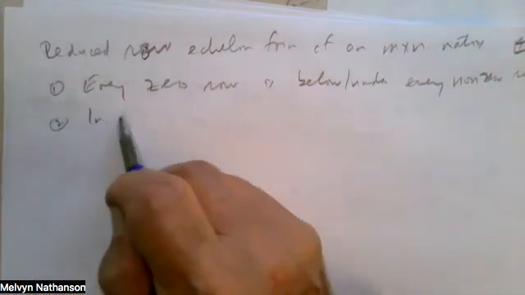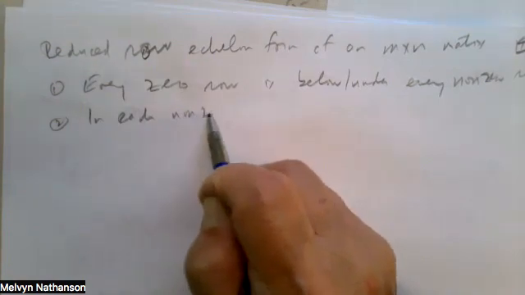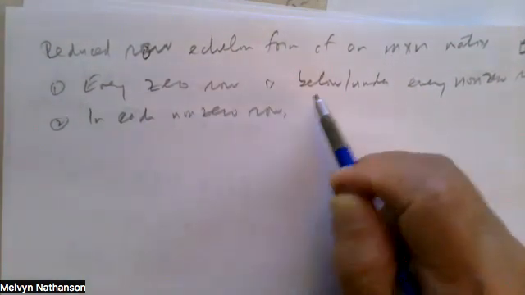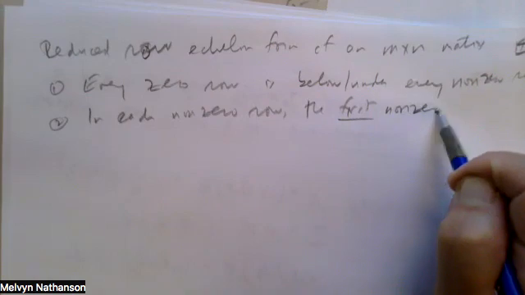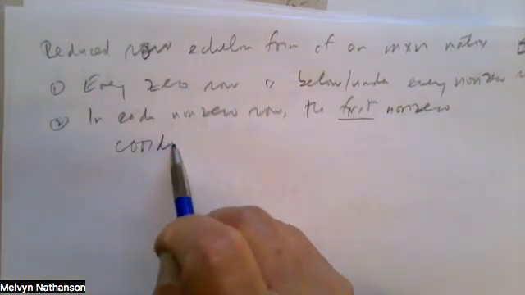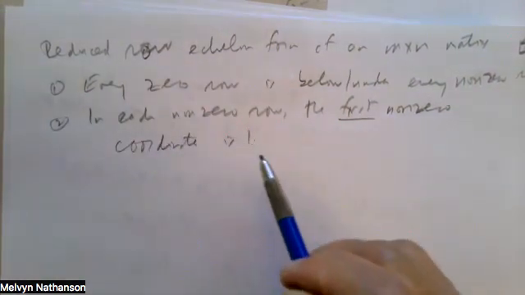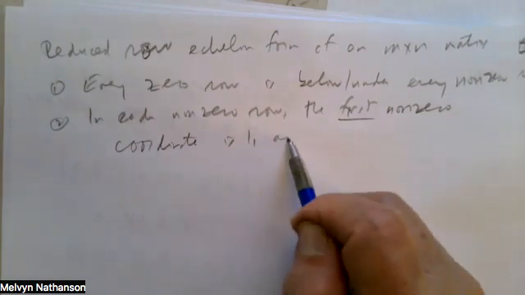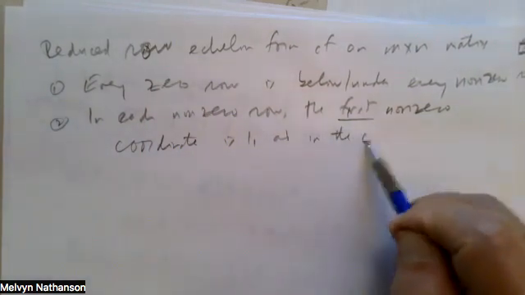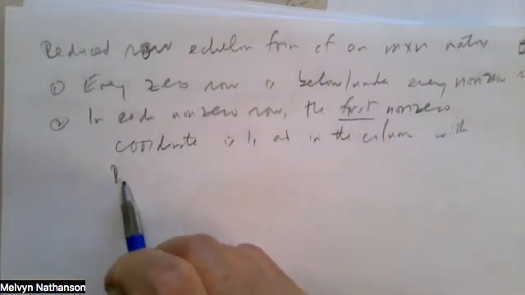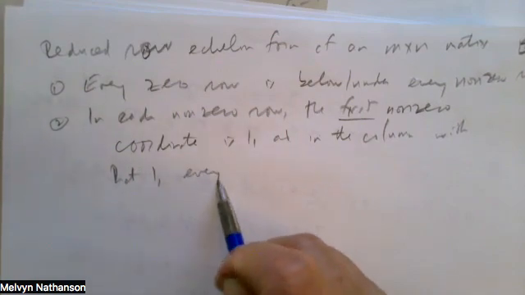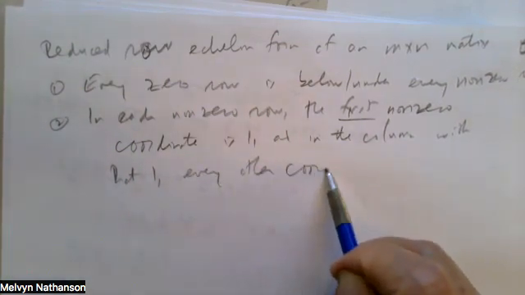Second, in each non-zero row, as you go from left to right, the first non-zero coordinate is a 1. And in the column with that 1, every other coordinate is 0.